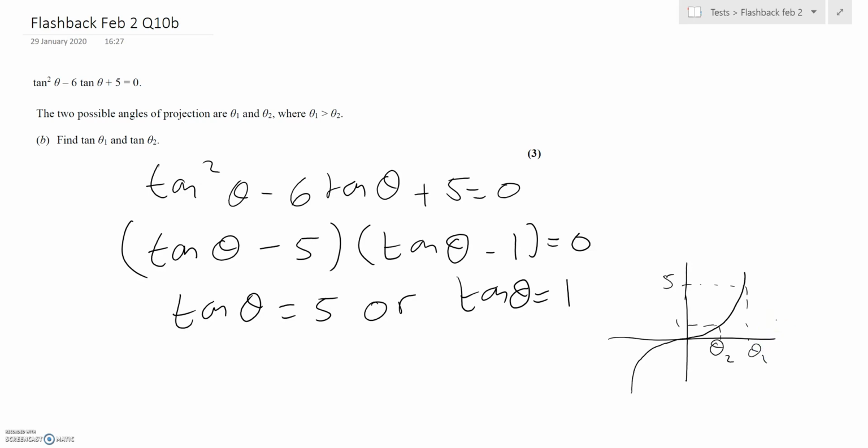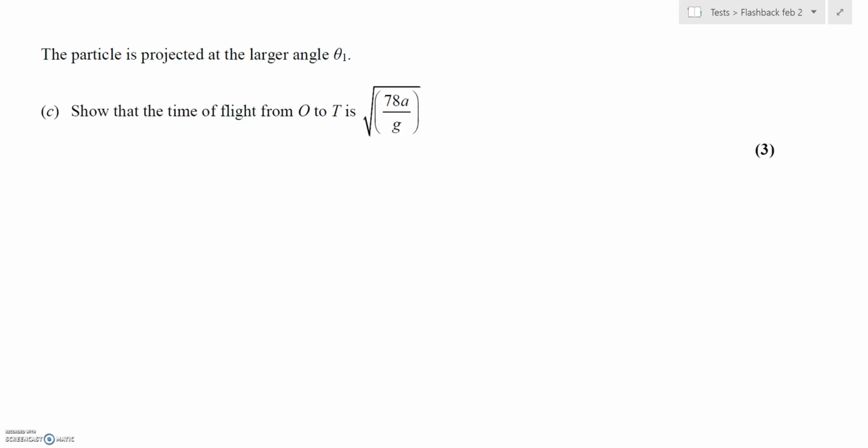Theta 2 is smaller than theta 1. So we can put that this is tan theta 2 and this is tan theta 1. Note that the particle is projected at the larger angle, so theta 1, so we can write down that tan theta 1 we knew was 5.